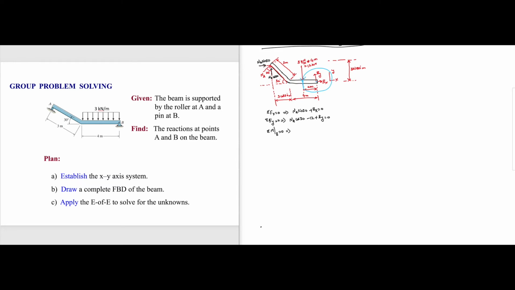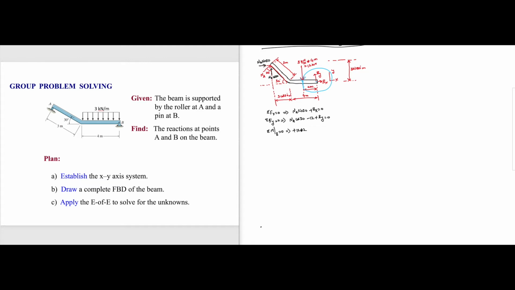We complete the circle with 2 meters to be the radius, and the center is the point with respect to which we are considering the moments. 12 is going down, so on the circle, just follow the arrow, it is counterclockwise. So we have to write this as positive 12 times 2 because it's going counterclockwise.